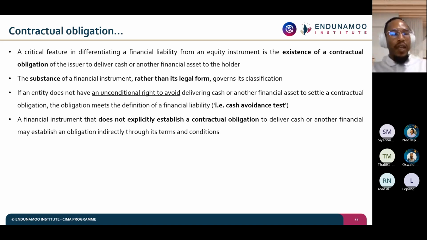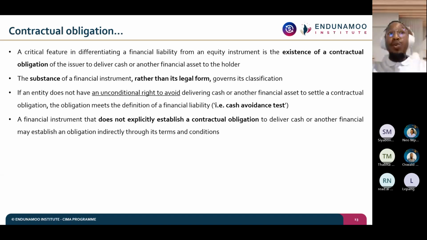If you can get away with not paying anything towards the other party, that means you can avoid having paid cash, which means you would have passed the cash avoidance test. You can avoid paying cash, which means in all likelihood, you don't have a contractual obligation, which means you have an unconditional right to avoid delivering cash.